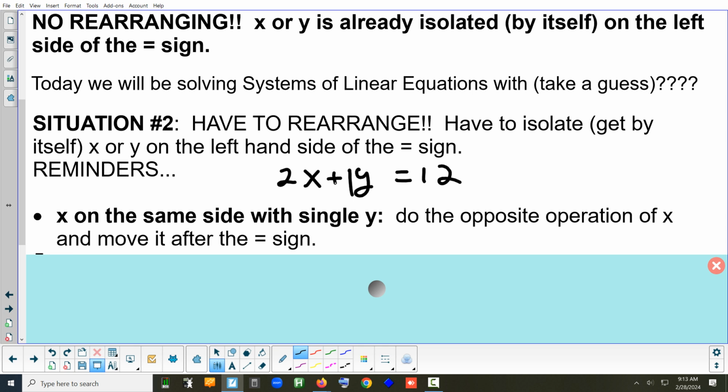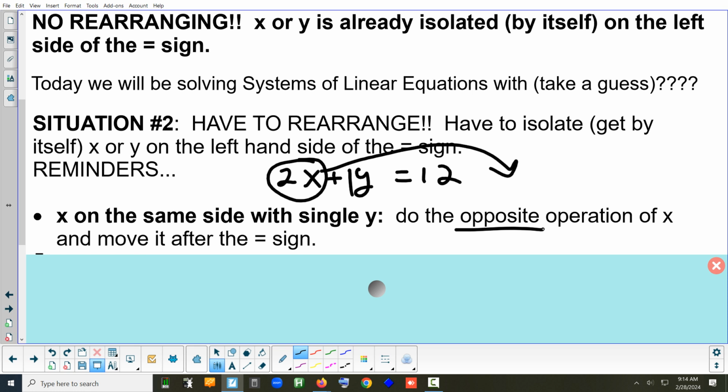But now the idea of what we have to do here is y is the easiest letter to get by itself because it only has a 1 in front of it, just a single y. So we'd want to take this 2x and somehow put it on the other side. How would you move the 2x to the right side? Because it's a positive 2x, do the opposite.